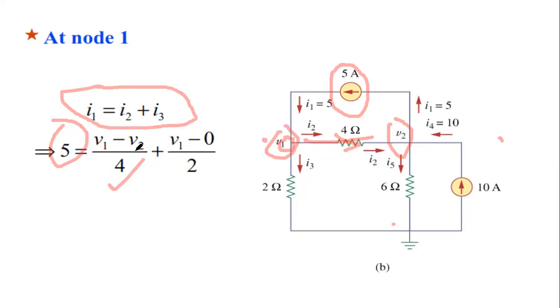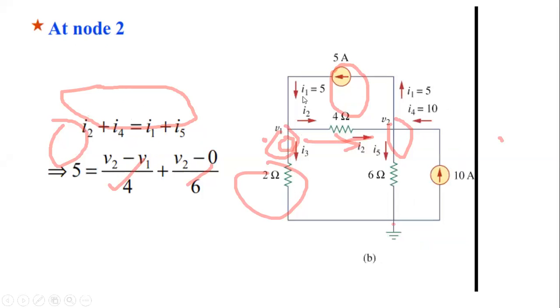So V1 is higher potential minus lower potential, V1 minus 0 divided by resistance. Resistance is 2. So I am getting this equation for node 1. Now you can simplify this equation and further solve it with the second equation.